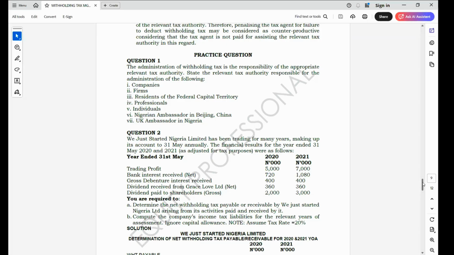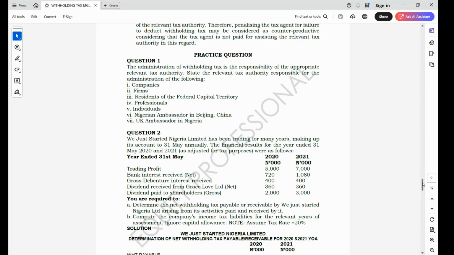Then we move to question 2. We Just Started Nigeria Limited has been trading for many years, making up its account to 31st May annually. The financial results for the years ended 31st May 2020 and 2021, as adjusted for tax purposes, were as follows, in thousands: trading profit, bank interest received net, debenture interest received gross, dividend received from Grace Love Limited net, dividend paid to shareholder gross.